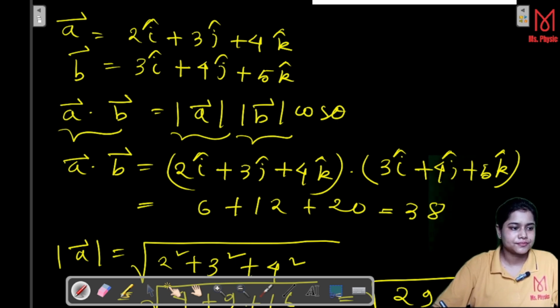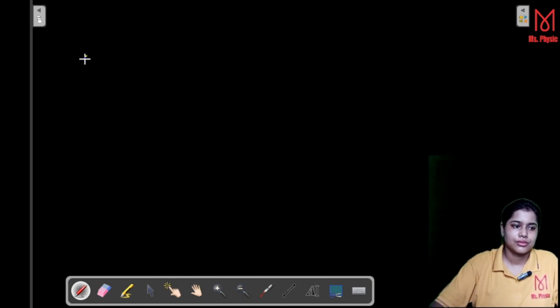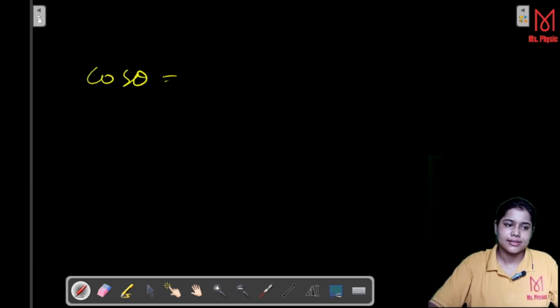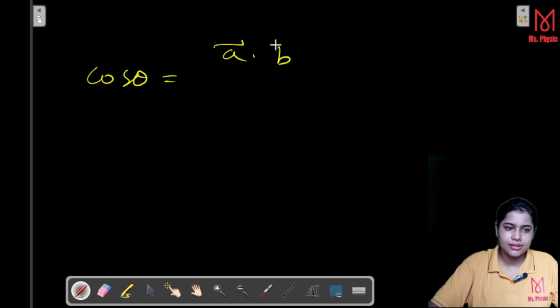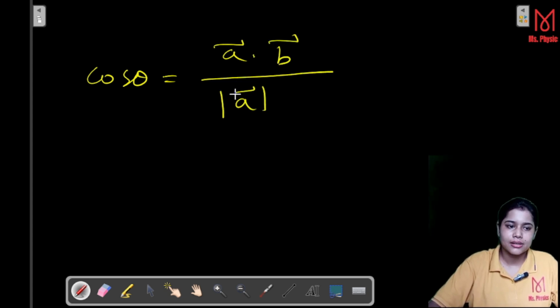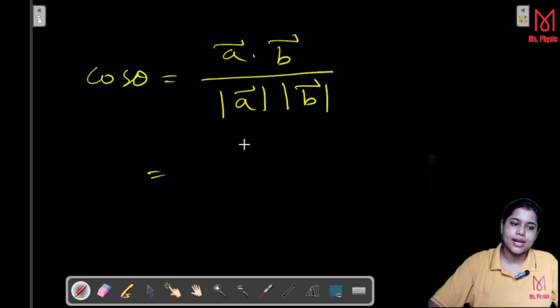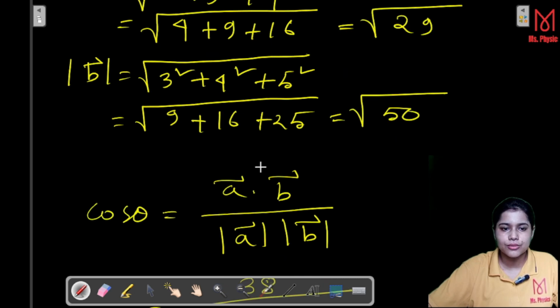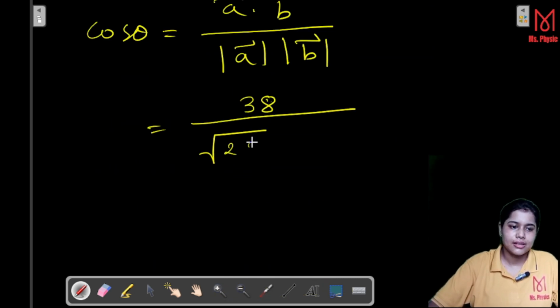First we will calculate cos theta. Cos theta is equal to A dot B over mod A mod B. A dot B we have got as 38, over root over 29, the value we calculated for mod A, multiplied with root over 50.